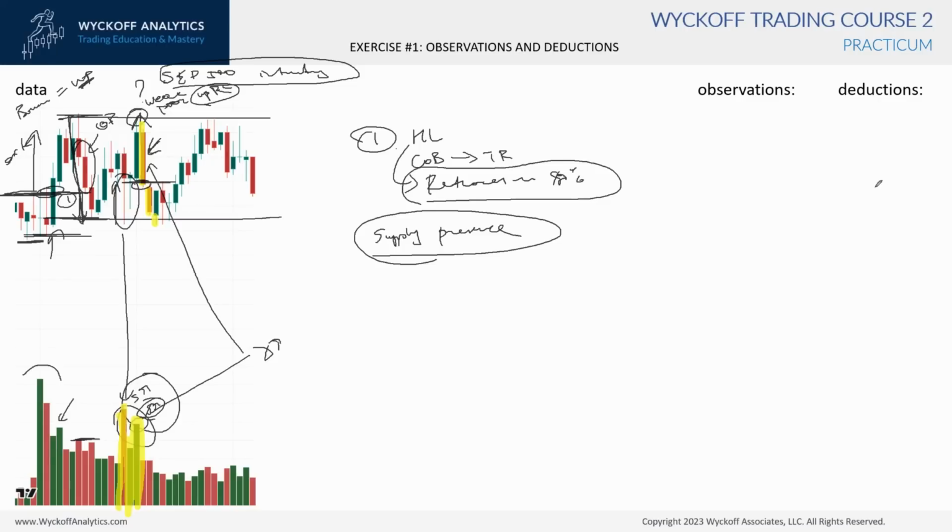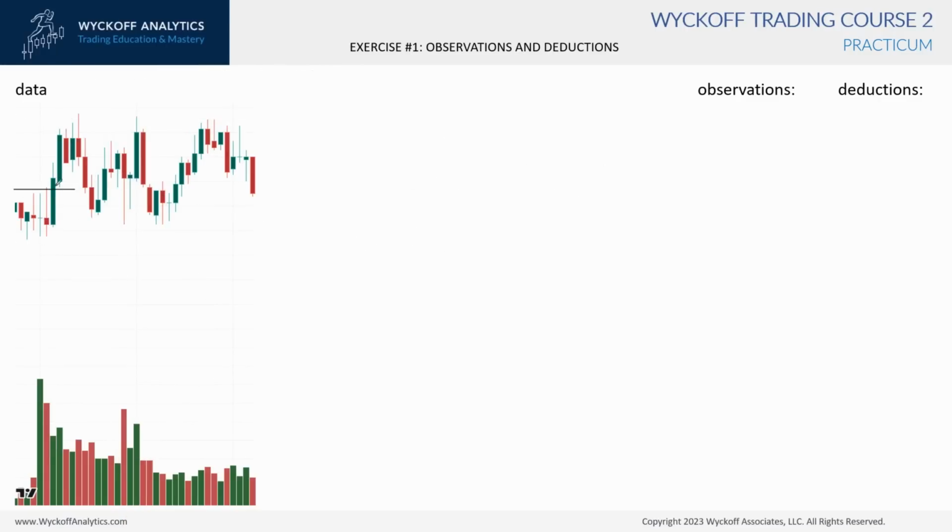And look at this, I'm gonna erase this. Here our extension is quite big, while above the resistance the extension is very limited. We can't really hit the same high here ever so slightly.